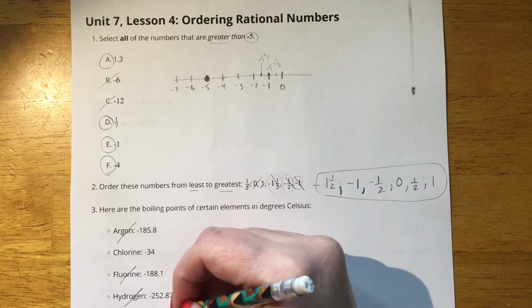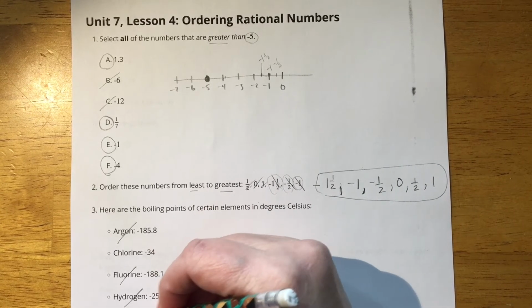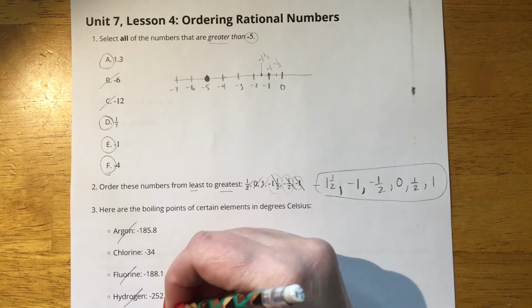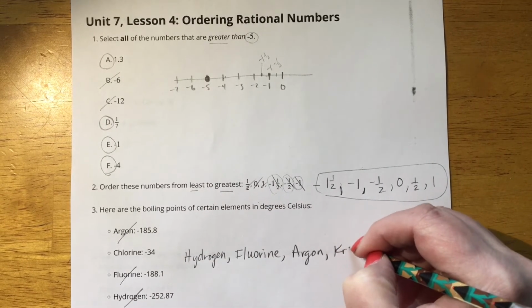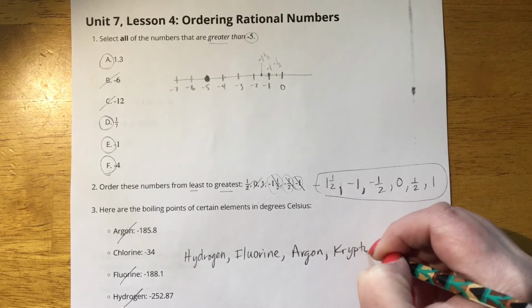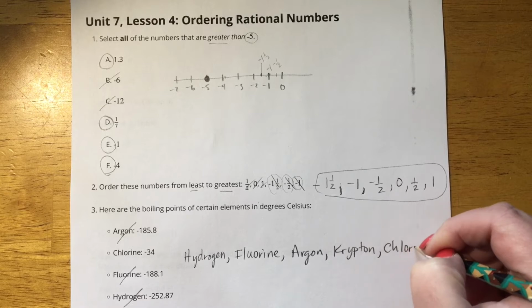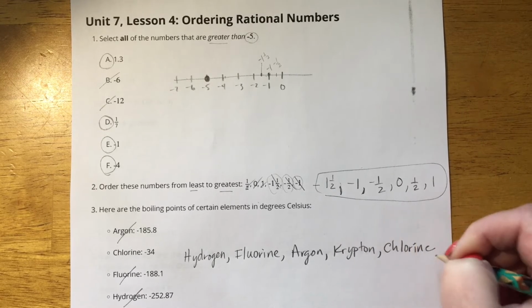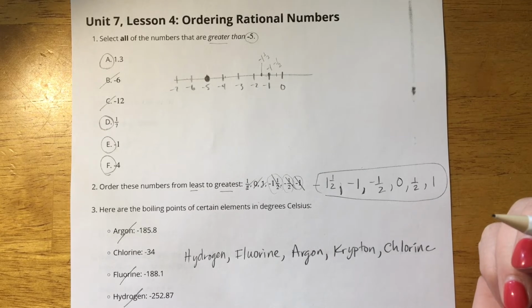Now I've got 153 and 34. Well, that's no competition. 153 is way bigger than 34. So this one, krypton, is next, leaving chlorine to be the biggest of these very small boiling points. Very good.